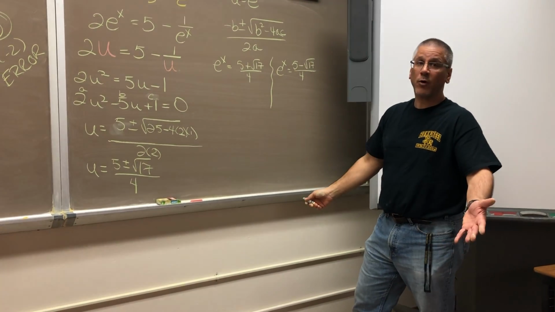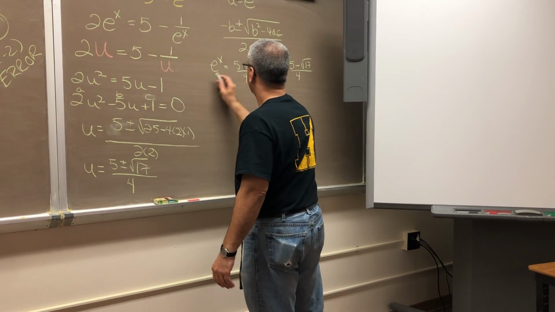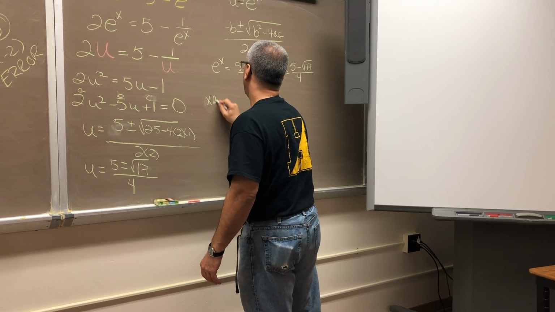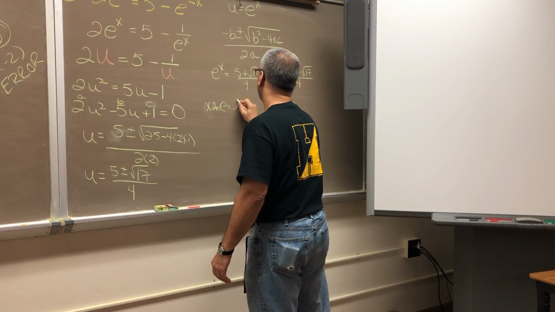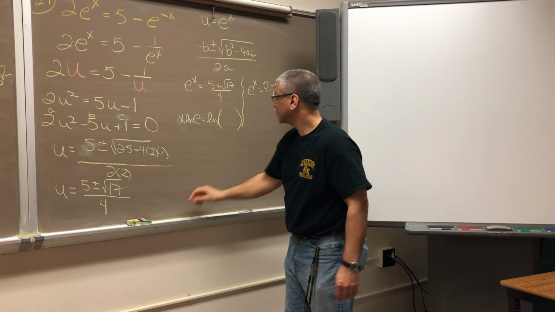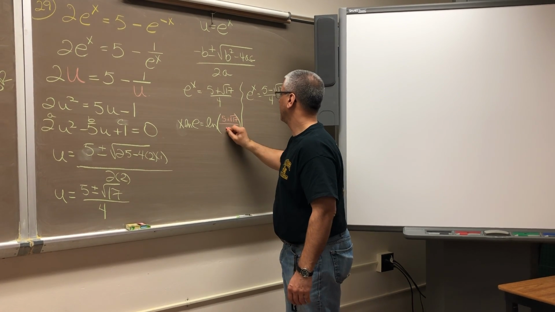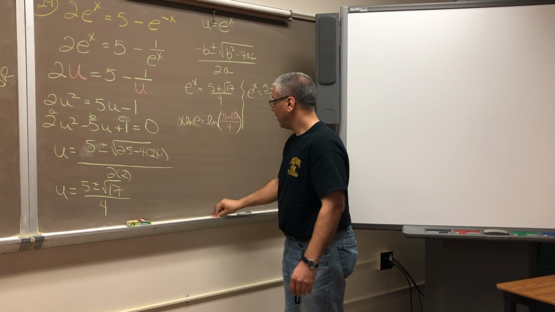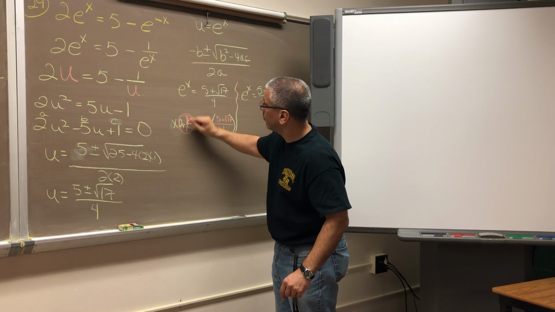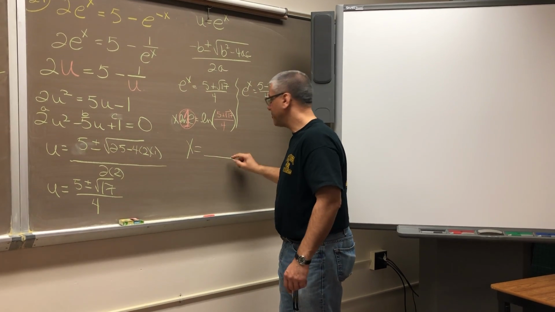Now it's just ln work and type it into a calculator. So x ln of e is equal to ln of that big ugly mess. And ln of e is equal to 1. So x equals, and we just have to type that into the calculator.